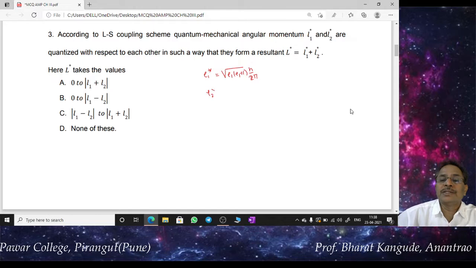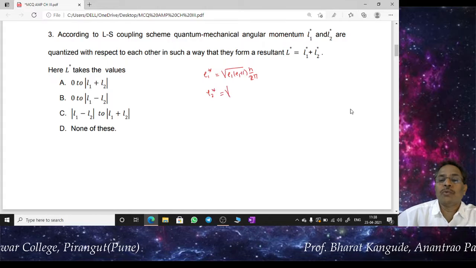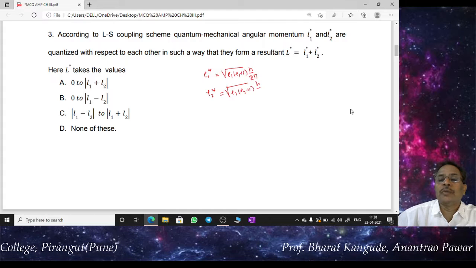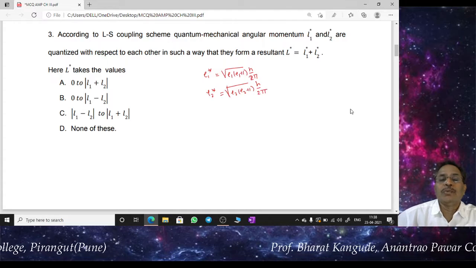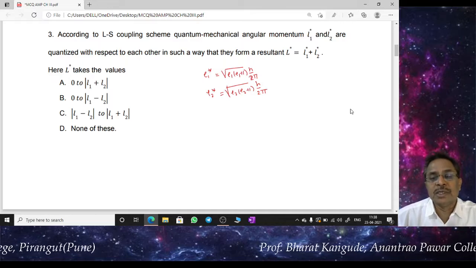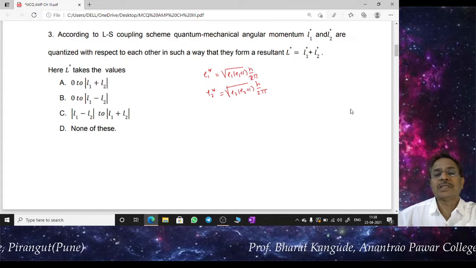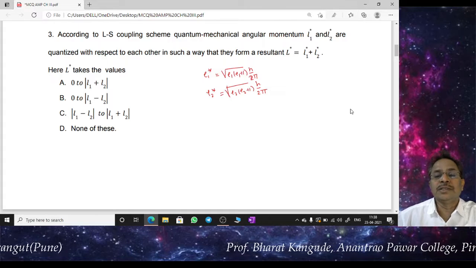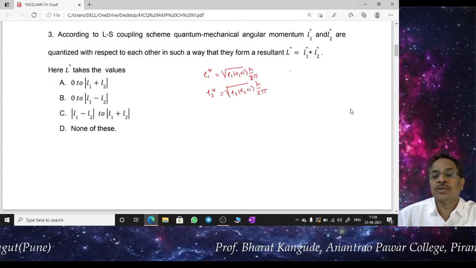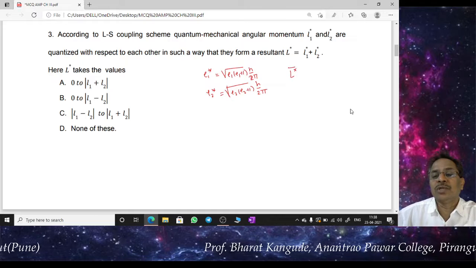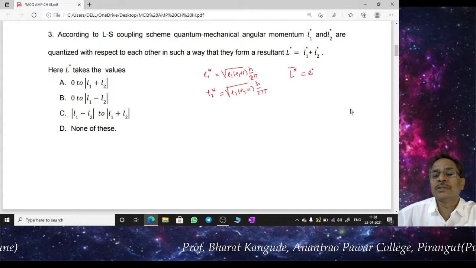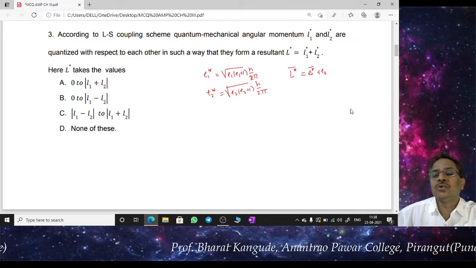Similarly, L2 star is given by root of L2 into L2 plus 1 into h upon 2 pi. According to this coupling scheme, the angular momenta L1 star and L2 star are quantized with respect to each other in such a way that they form the resultant, L star bar equal to L1 star bar plus L2 star bar.